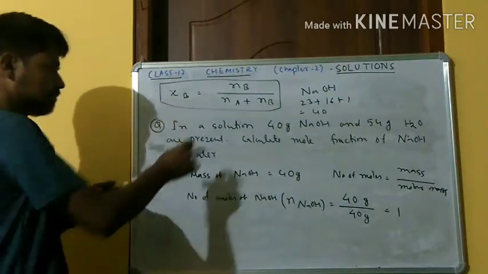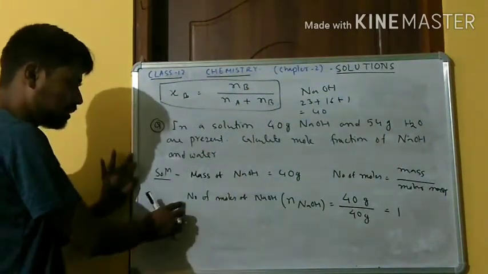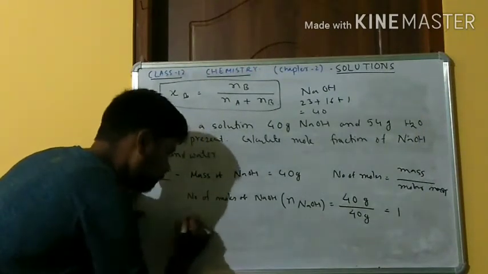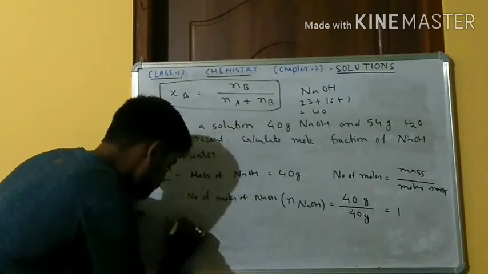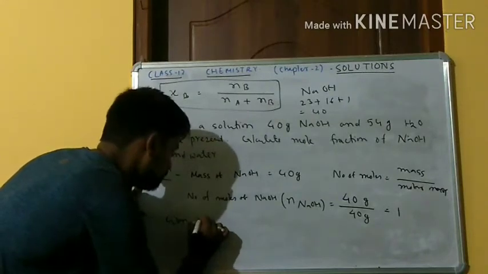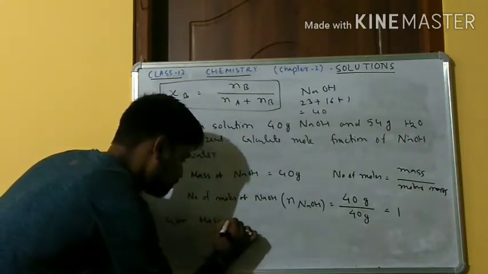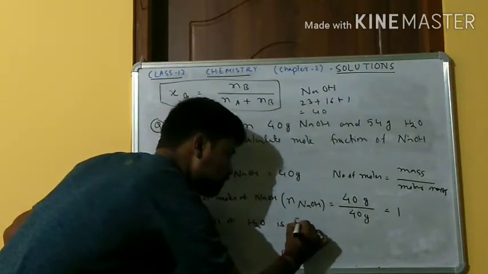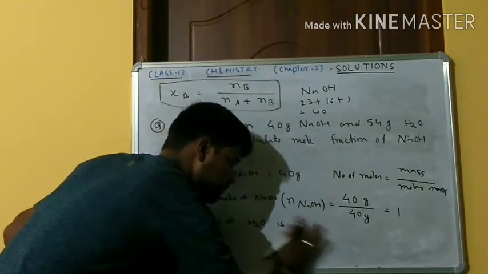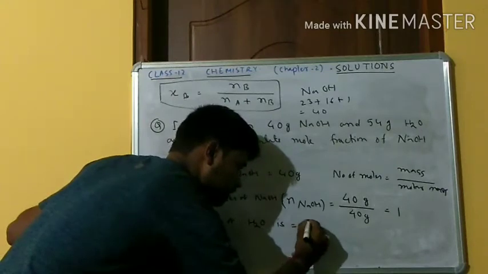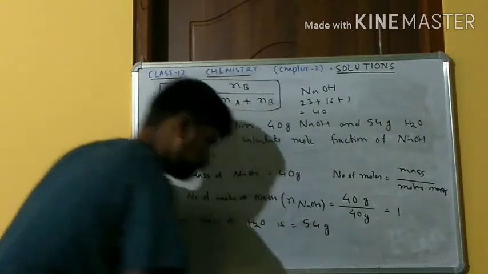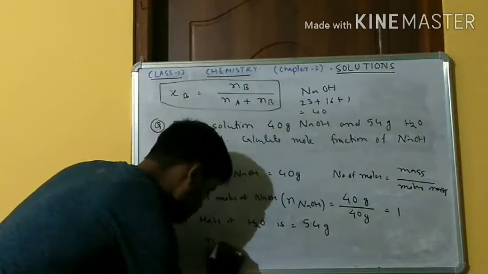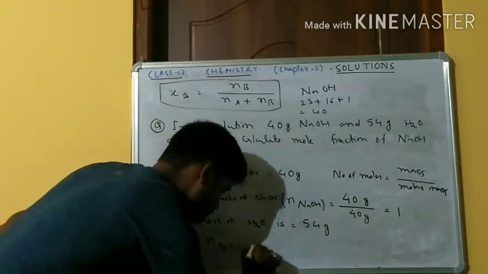Similarly, now we have to calculate the number of moles of water. The given mass of water is 54 gram. So the number of moles of water is mass by molar mass.